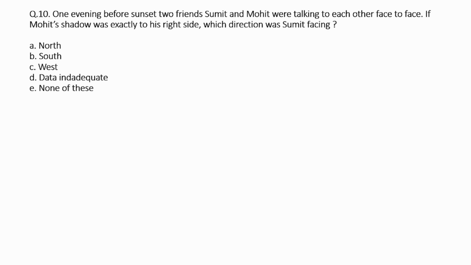One evening before sunset, two friends, Sumit and Mohit, were talking to each other face to face. In the evening, the sun is in the west. Means the shadow will fall towards the east direction. In this direction, the shadow will fall.